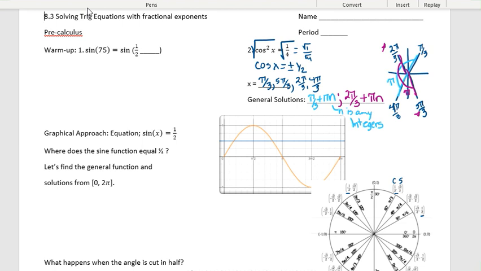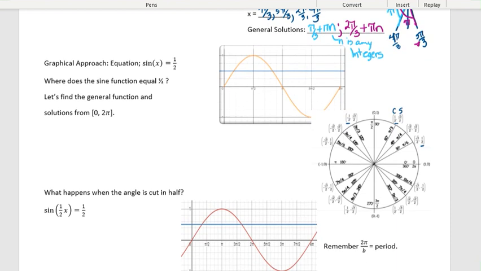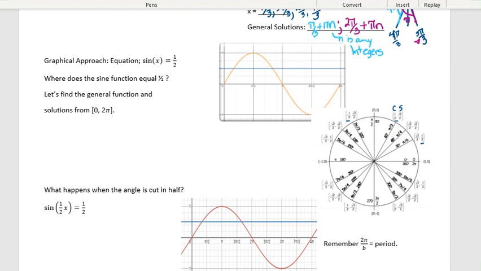So if we look at x over 2, I'm going to scoot this up a little bit. If we look at where sine of x is 1/2, where does the sine function equal 1/2? If you look at this graphically, what happens here is that this line is where y is 1/2, and the curve, of course, is the sine. So this is your solution, this is your solution, and it comes in down here.